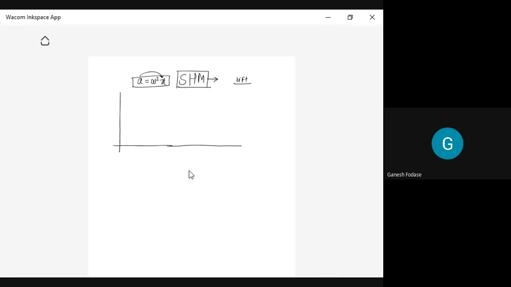So I will try to draw a semicircle here. This is a semicircle, and the diameter of the semicircle, you can see this distance, is equal to the lift of the follower, or you can say S. So on the y-axis, you have to draw a semicircle equal to the lift of the follower. That is the first step.